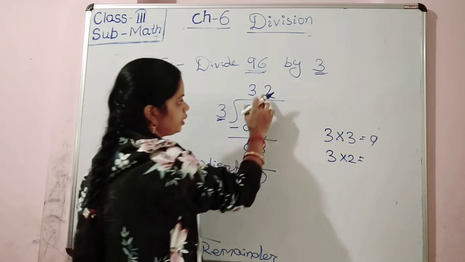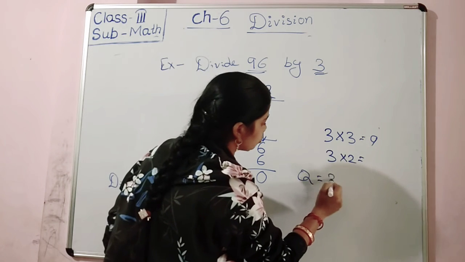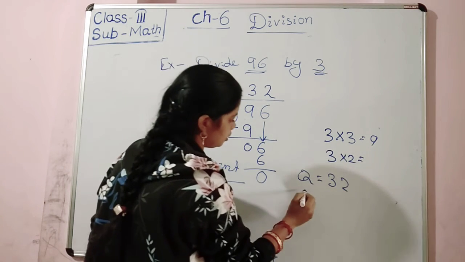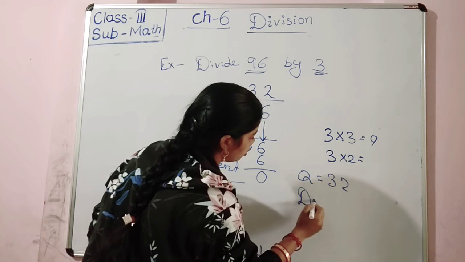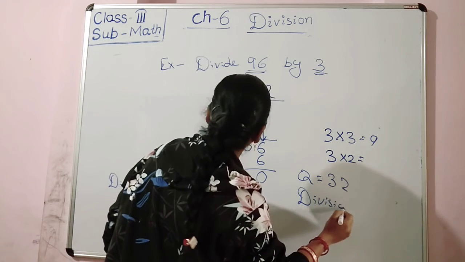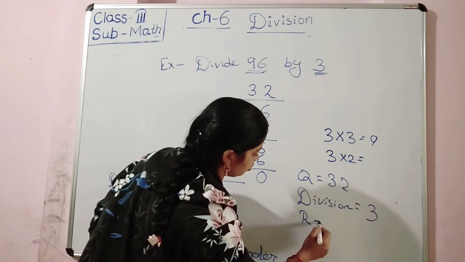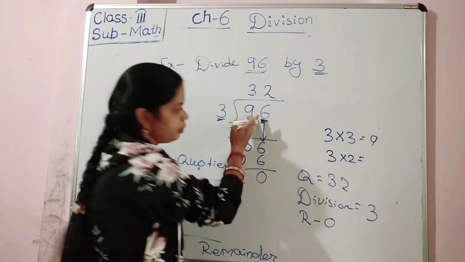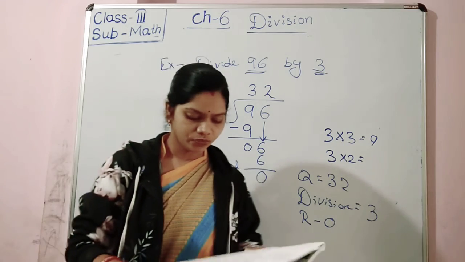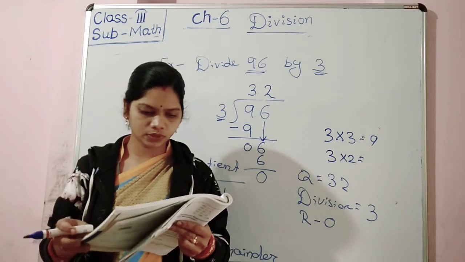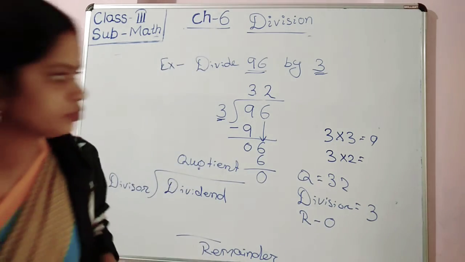All understood? Here quotient q is equal to 32, divisor is equal to 3, remainder is equal to 0. Okay, dividend 96. Next example.